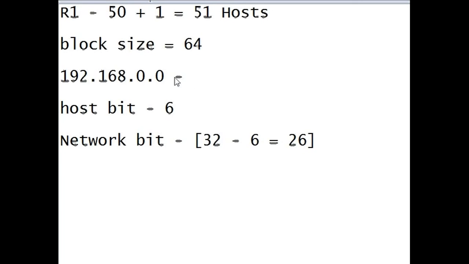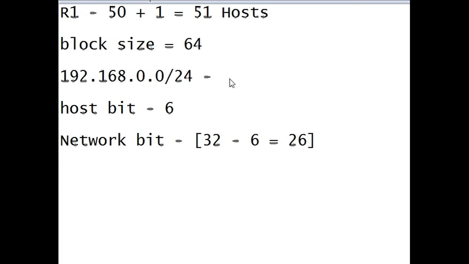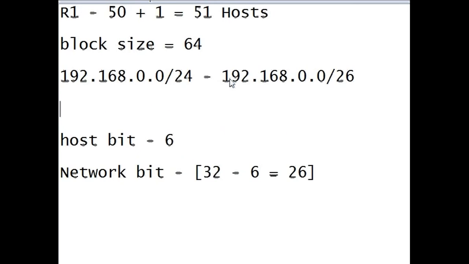So initially it was /24, now it becomes /26. When it becomes /26, how many subnetworks can we create? In that 8-bit block, 6 bits are now host bits, so we have borrowed 2 bits. Since we have borrowed 2 bits, 2 to the power 2 is 4, so we can create 4 subnetworks. So let's understand what those are.